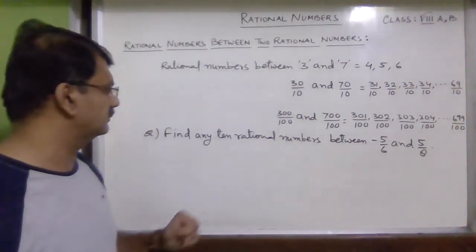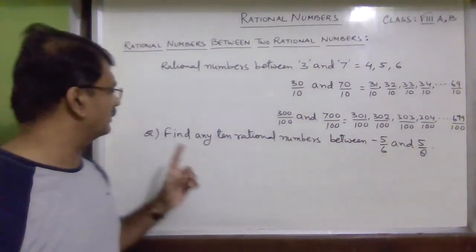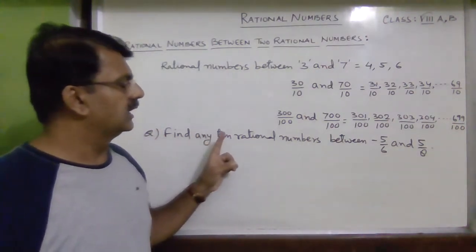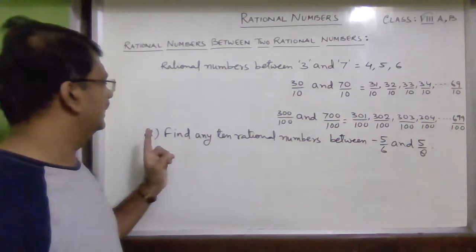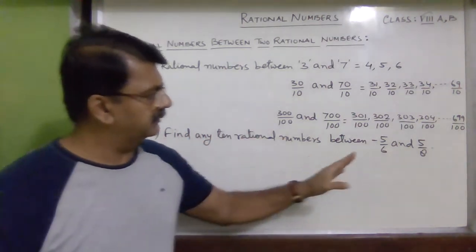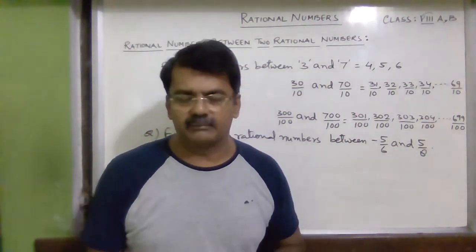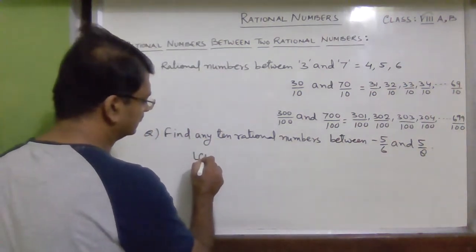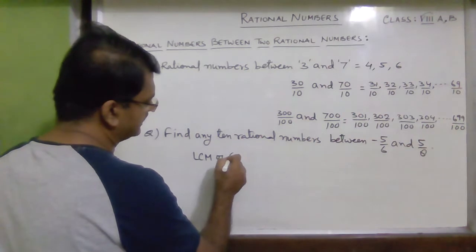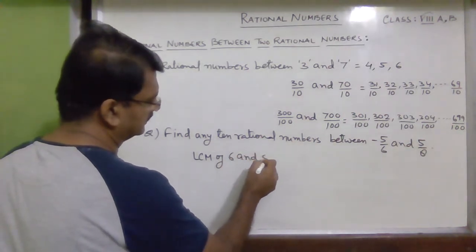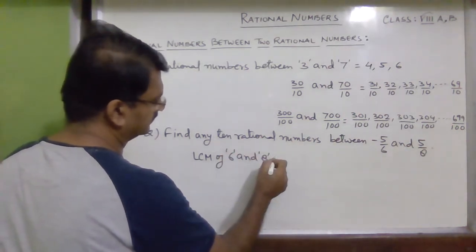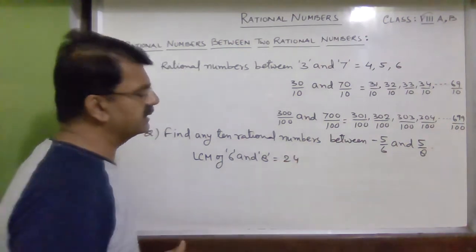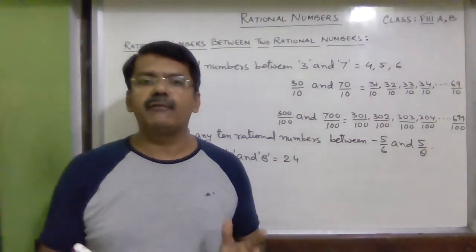Now you do one thing. First of all, we will make the denominator the same. So the LCM of 6 and 8. You know the LCM of 6 and 8 is 24.